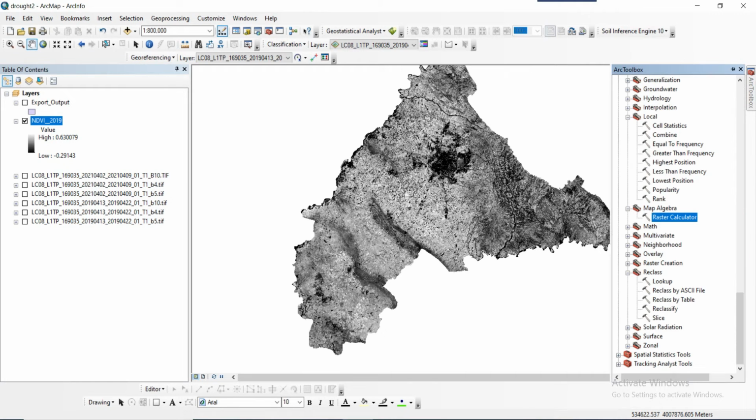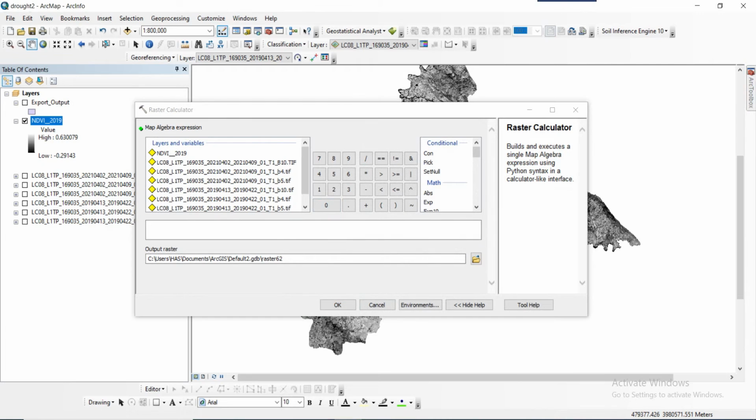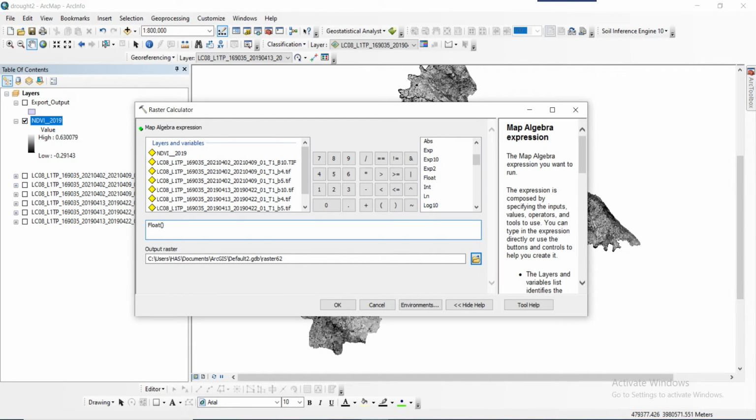We will repeat this process to calculate the NDVI for 2021. We use the same process: Float band 5 minus band 4, divided by Float band 5 plus band 4.